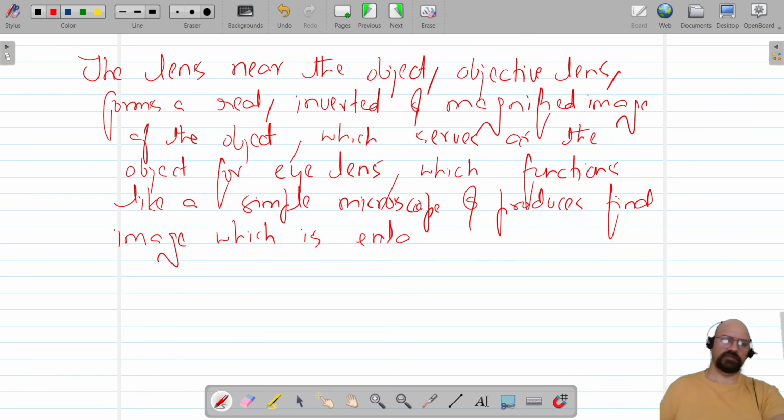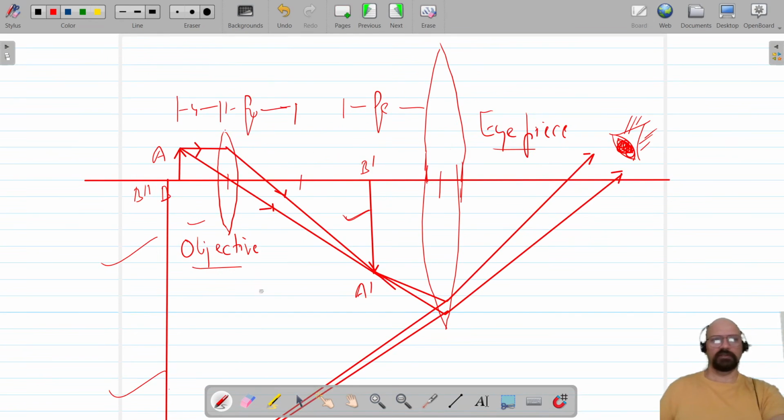And this final image is enlarged and virtual. OK, so that was the ray diagram for the compound microscope and its working.